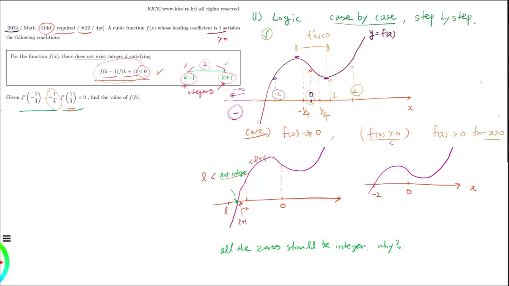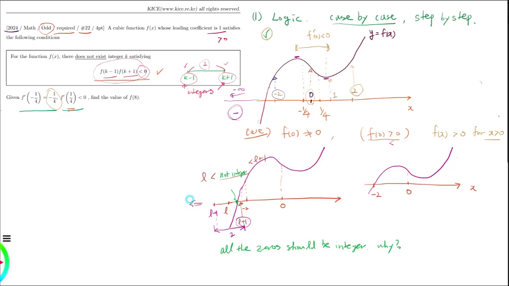Okay, and the partner for L plus 1 is L minus 1 because the length of the interval is 2 here, and they take different values, different signs.